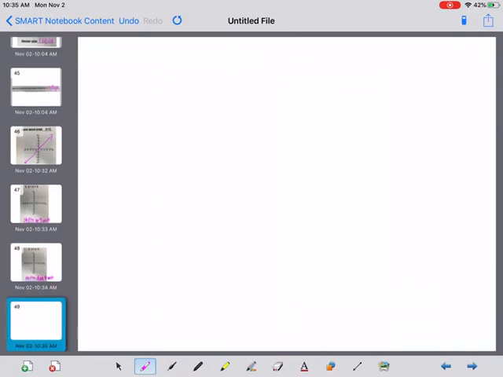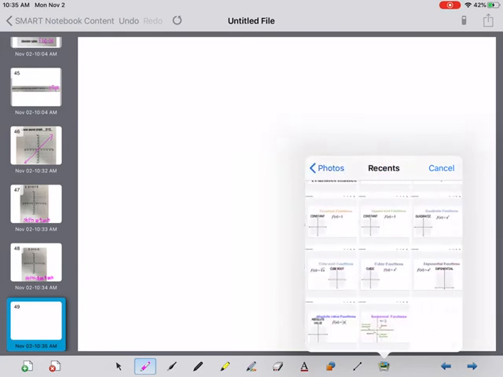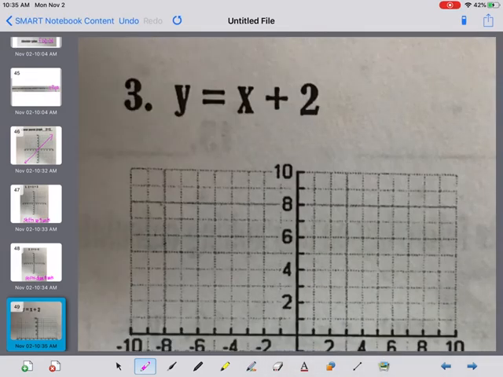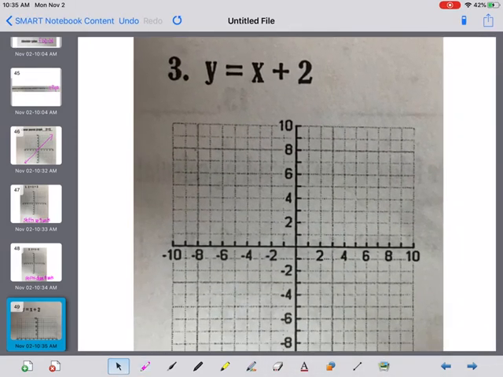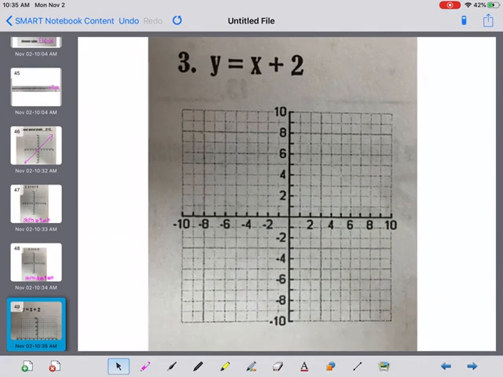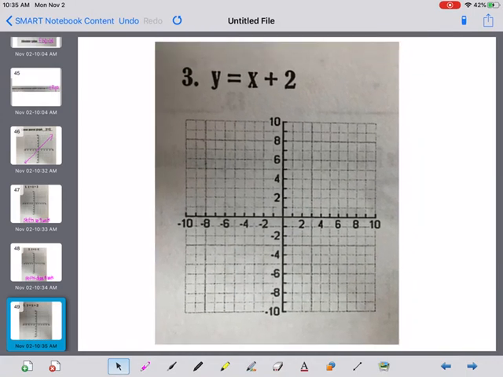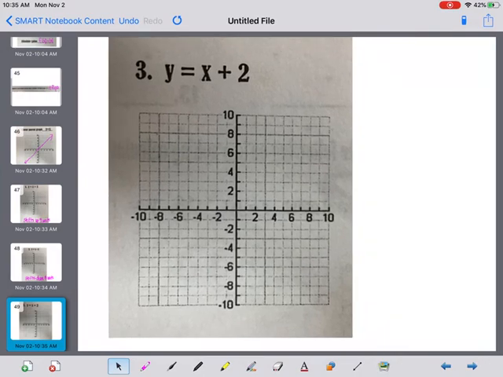Without even looking at our next one, before we plug it into our calculator, if we have x plus 2, what do you think that line is going to look like? Where am I going to put that line through?